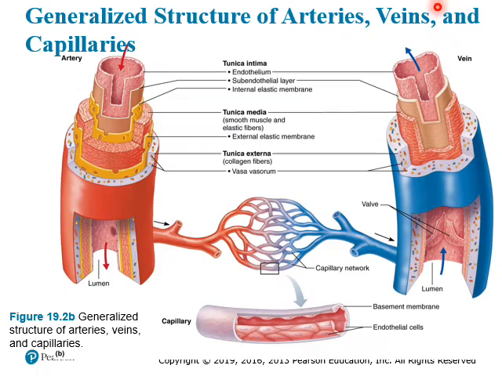The tunica intima, which is the innermost layer, is in intimate contact with the blood, and that's the reason why you call it tunica intima. It is also known as the endothelium of the blood vessel, and it's made up of a simple squamous epithelium that lines the lumen of all blood vessels.